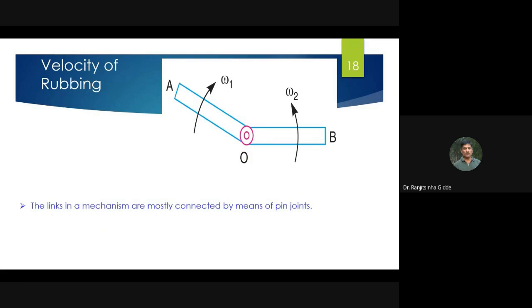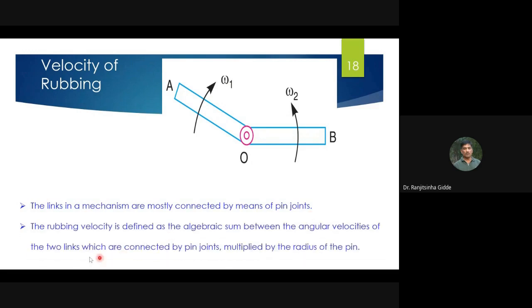We have seen that links of a mechanism are mostly connected by means of pin joints. How to define the rubbing velocity? The rubbing velocity is defined as the algebraic sum of the angular velocities of the two links which are connected by pin joints multiplied by the radius of the pin.